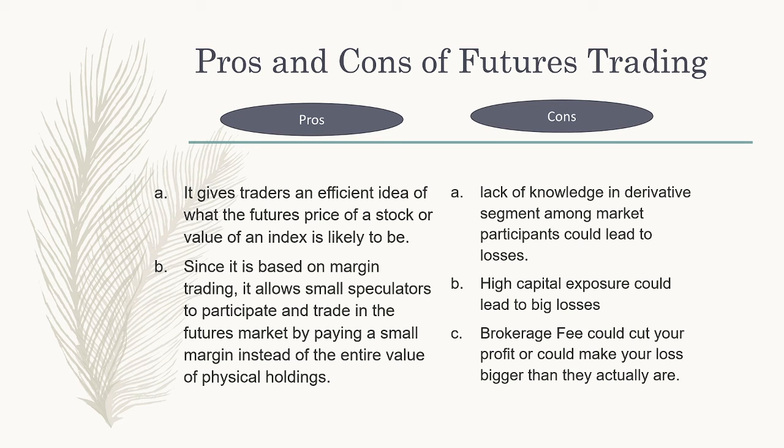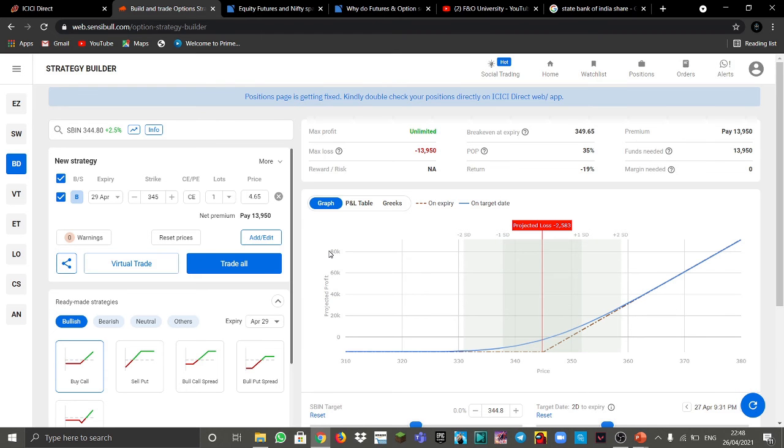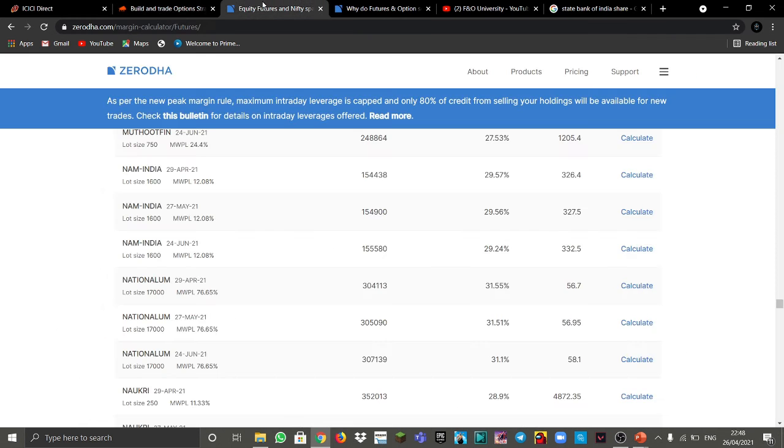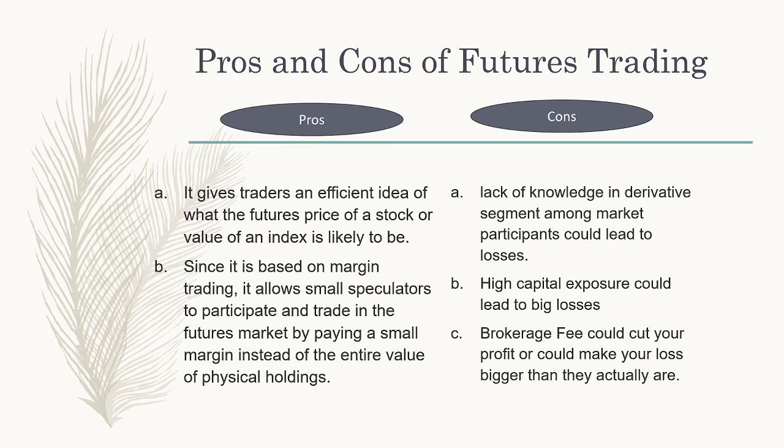Just as we discussed, you just need to pay a little margin. Here, like in this page, we discussed that for National Aluminium, the margin that you need to pay is 31.55% of the total contract value only, right?